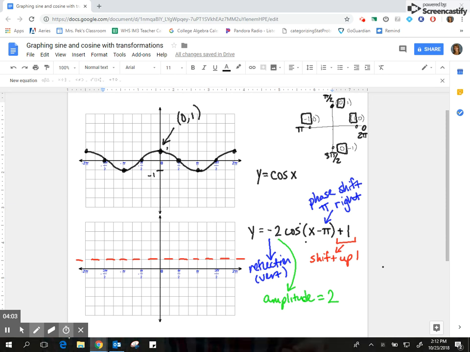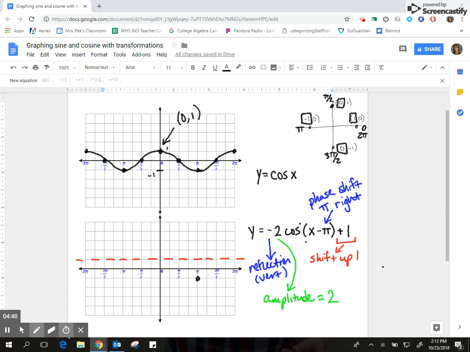So if I shift everything pi units to the right, and then instead of being up 1 above my center, I want to stretch that to be 2 above my center. But then I reflect it. So there's a lot of stuff going on here. If I reflect that point now, instead of being up 2, I'm going to go down 2 from that central line there.